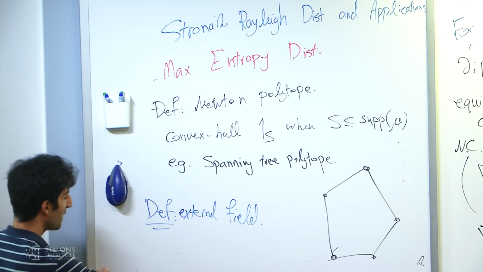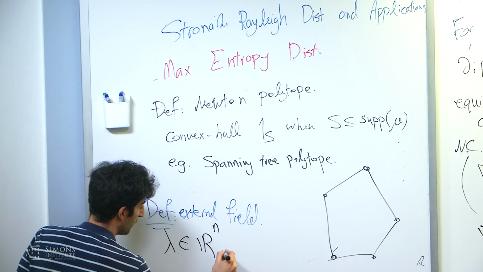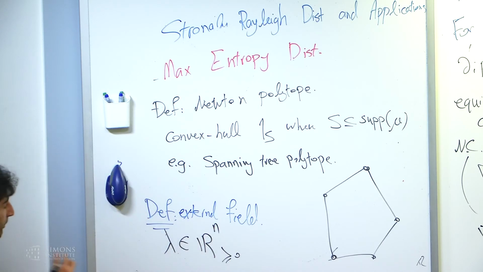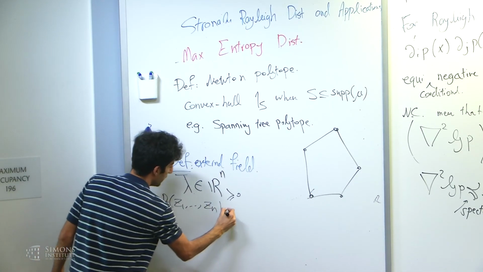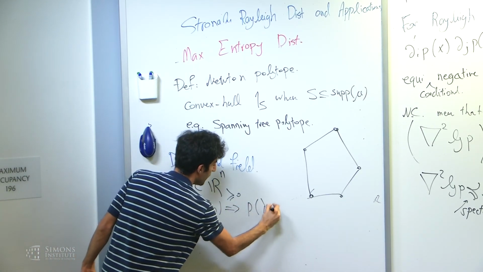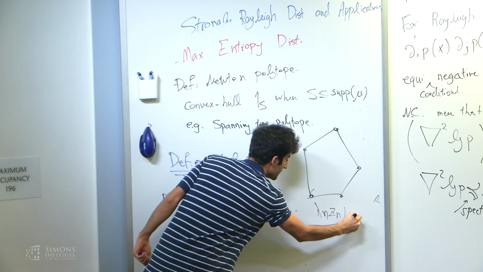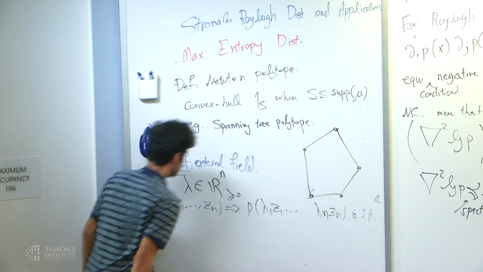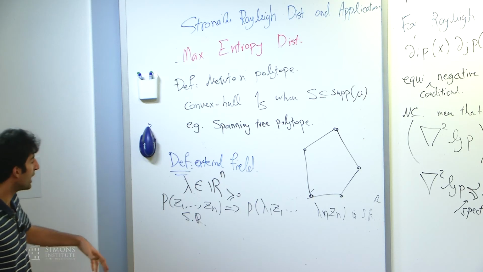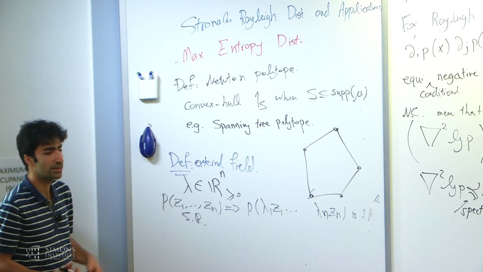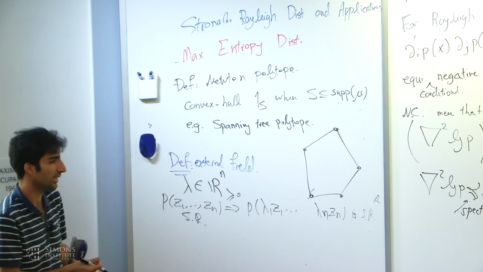So let's say I have a vector lambda, an n-dimensional vector which is non-negative. If P(z1, ..., zn) is real stable, then P(lambda_1 z1, ..., lambda_n zn) is real stable. If you scale z_i by lambda_i, as long as all lambda_i's are non-negative, this remains real stable. That's again simple to see from the closure properties.